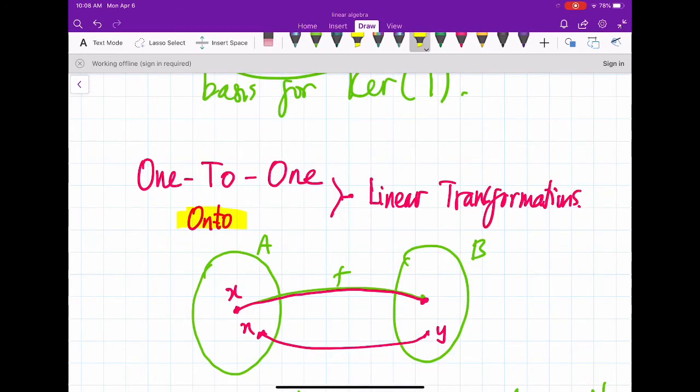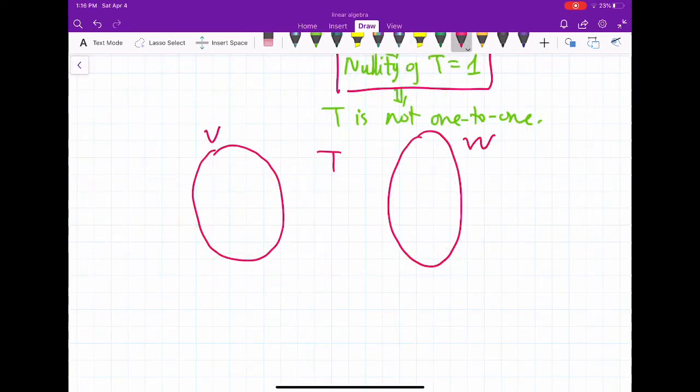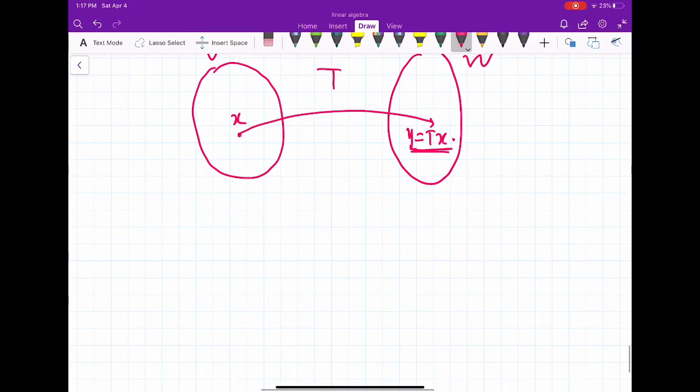Now let's talk about onto linear transformations. You have two vector spaces V and W and some linear transformation from V to W that sends each x in V to some y in W, equal to T(x). If you write this relation in the form of a matrix, you see that Ax equals y.